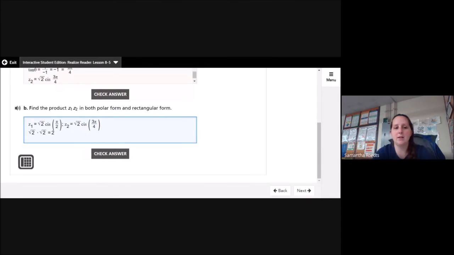Then I'm going to add pi over 2 plus 3 pi over 4. That gives me 2 pi over 4 plus 3 pi over 4, which equals 5 pi over 4. So then I would have 2 cis 5 pi over 4.